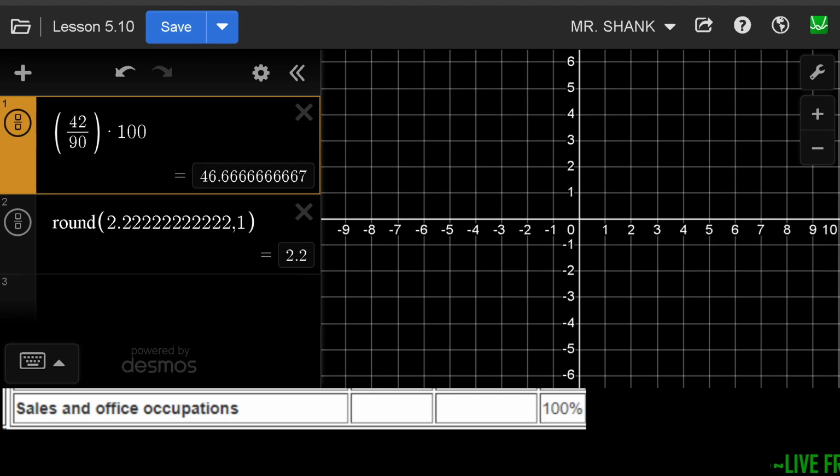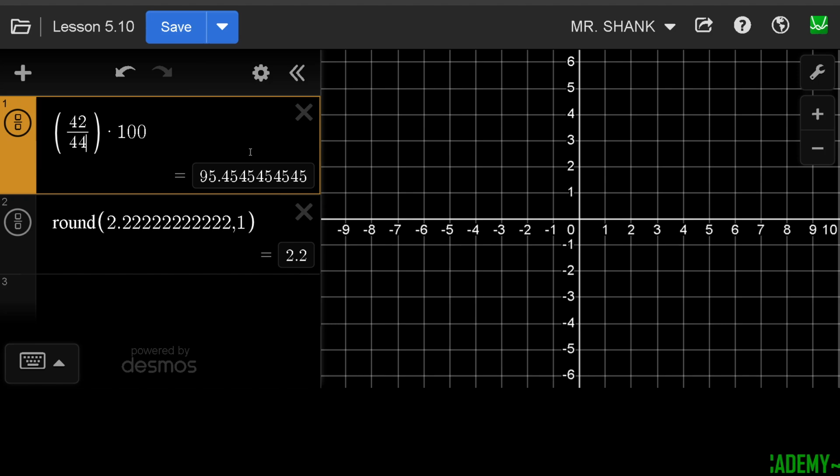Sorry, let me triple check to make sure that matches up. Oh no, not out of 90. My fault. That is out of 44 because that's going to be the value that we have here. So let me close this one. This is going to be 44. There we go.